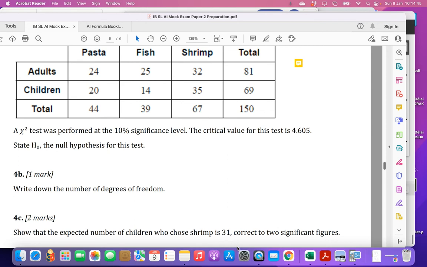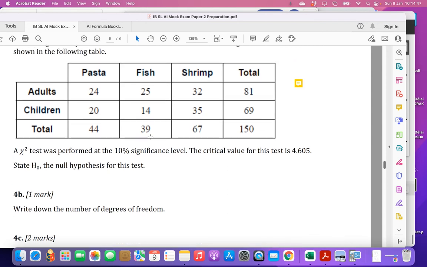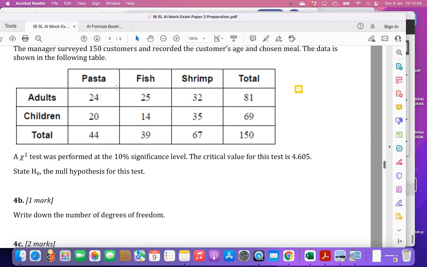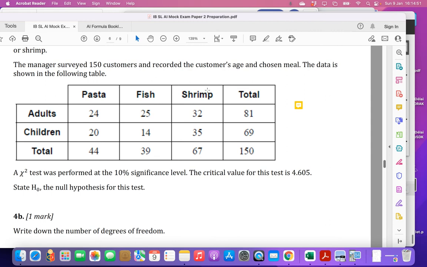So how would I say that? I would say that the chosen meal and the customer's age are independent. Doesn't matter which way I would do that, but I don't think age is a function of meal. I think meal is a function of age, so I would write it that way.